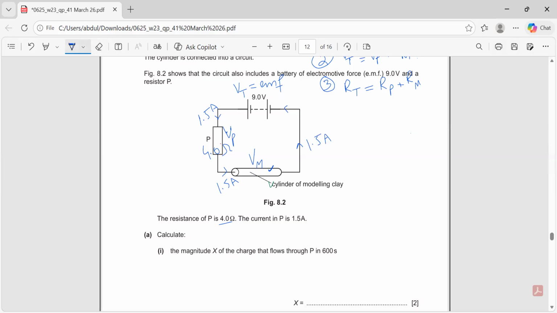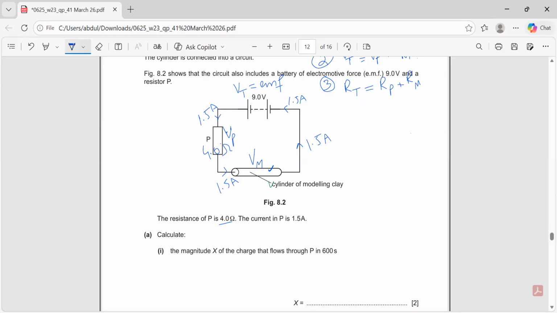If you remember, in chapter number 19 of our syllabus, where we discussed the potential divider, after the series circuit I proved this in front of you. You may be thinking, no sir, resistor P may have greater resistance and the modeling clay a small resistance, so how can the current be the same? Because current I is equal to V over R. If P has greater resistance, then the potential difference across it will also be greater, such that V over R is 1.5.